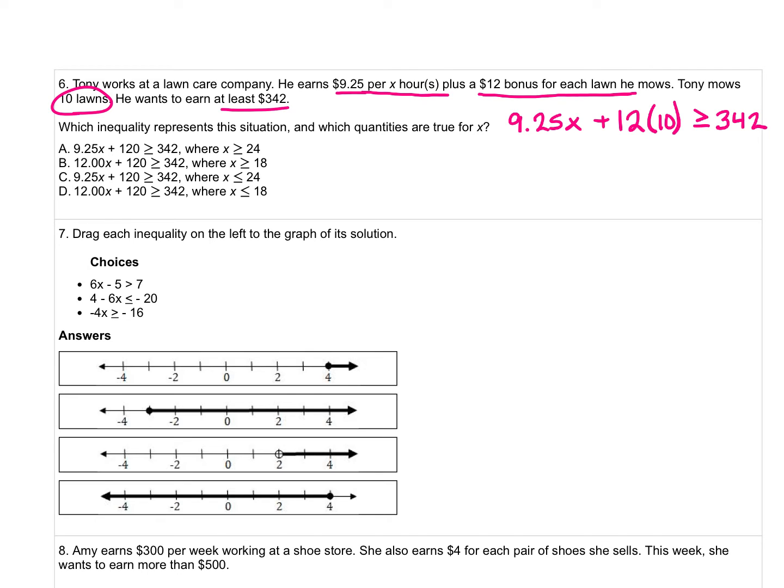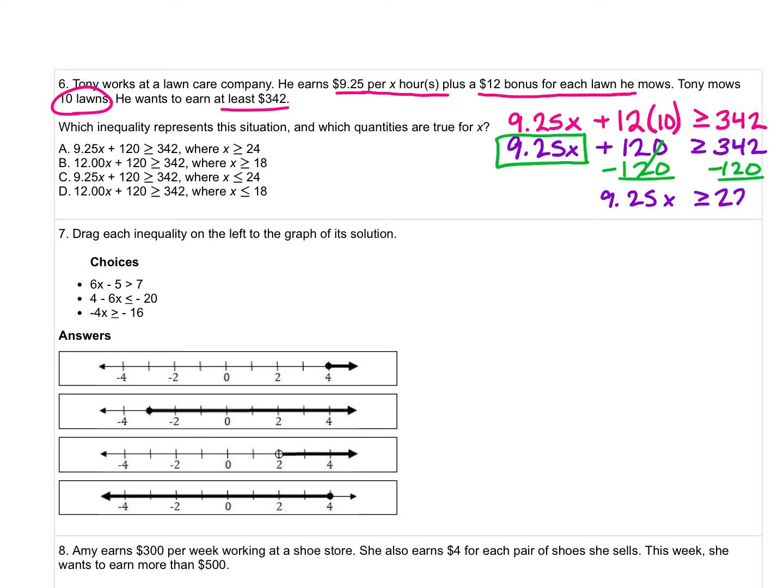So I'm going to simplify this. And we get 12 times 10 is 120. And now we're ready to solve. Box in my x term. Get rid of 120 from both sides of the inequality. And we get 9.25x is greater than or equal to 222.